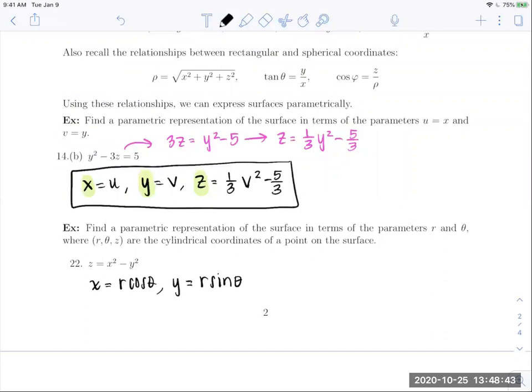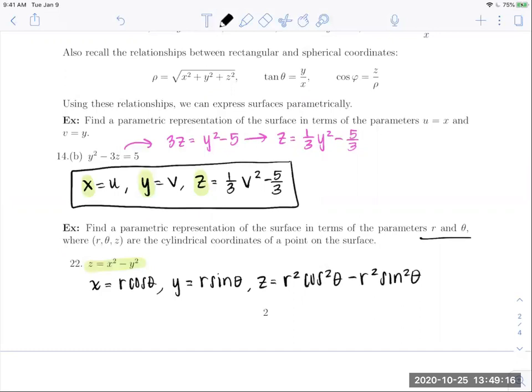However, the directions specifically said that they want it in terms of r and theta. We don't want any z's involved. So we need to come up with an expression that relates z to r and theta. And so if I look back up at what my definition was for z, I can plug in what I have for x and y. So this becomes r squared cosine squared theta minus r squared sine squared theta.